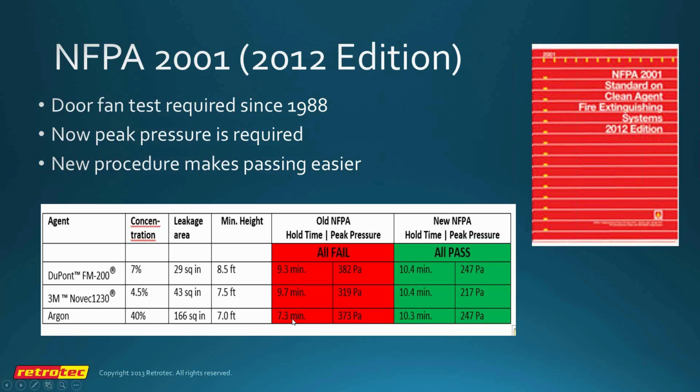Even more of a change with the halocarbons, where we go from 7.3 minutes to 10.3 minutes, and the peak pressure drops from 373 to 247. So huge advantage to you in going to the 2012 version.